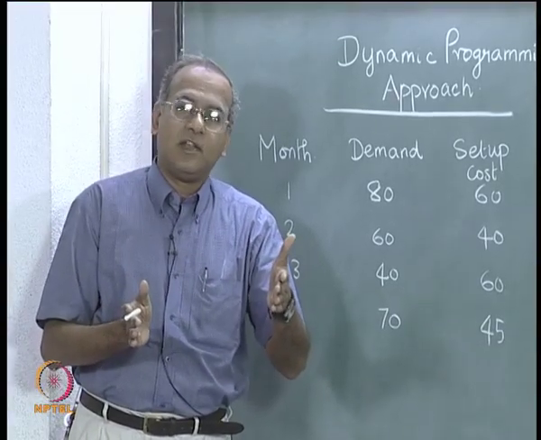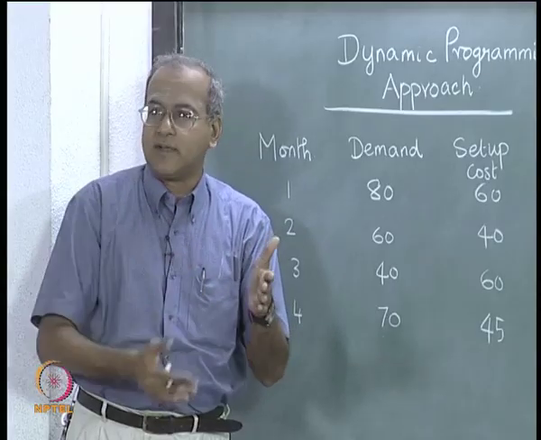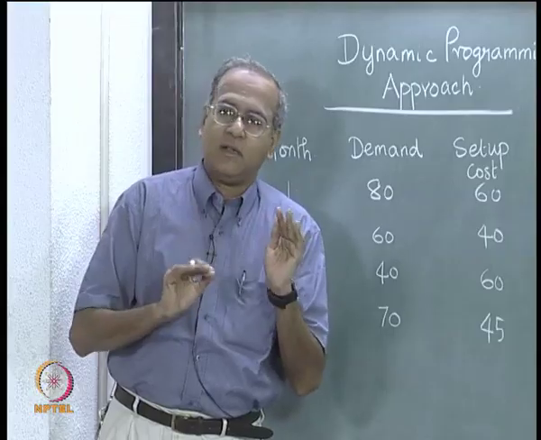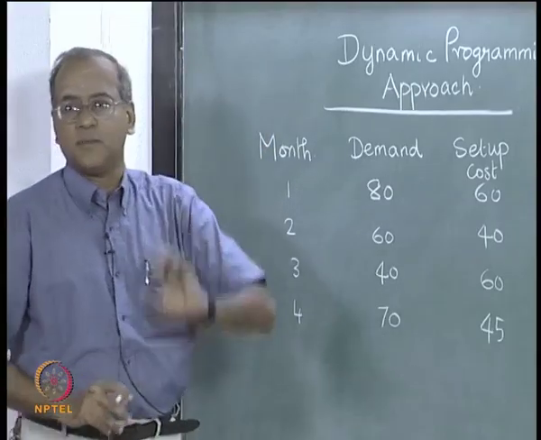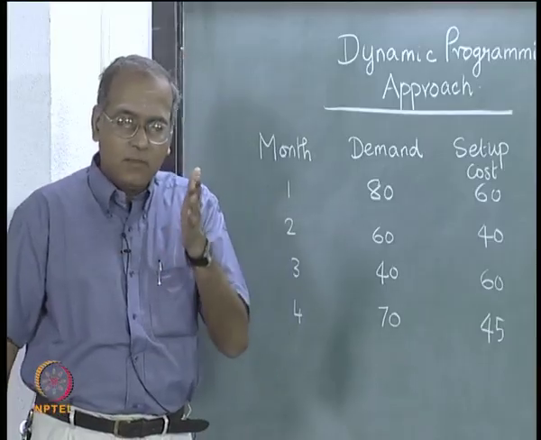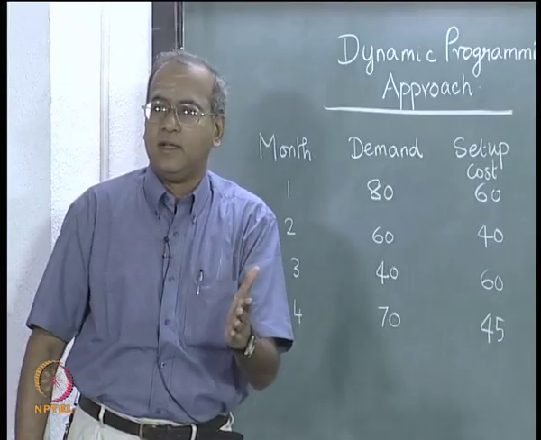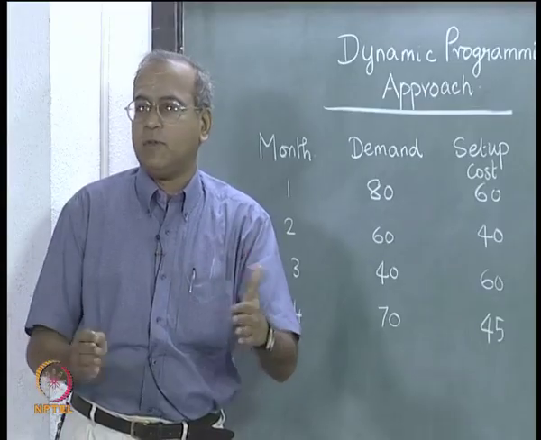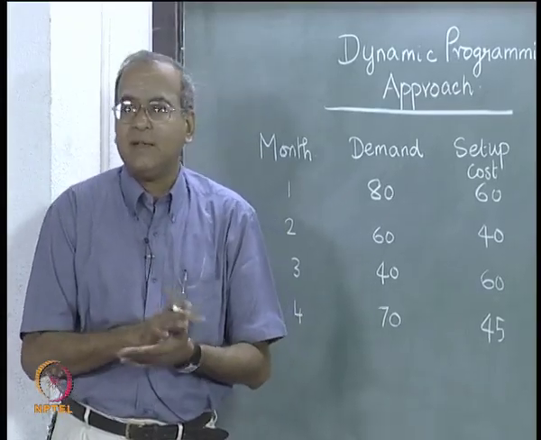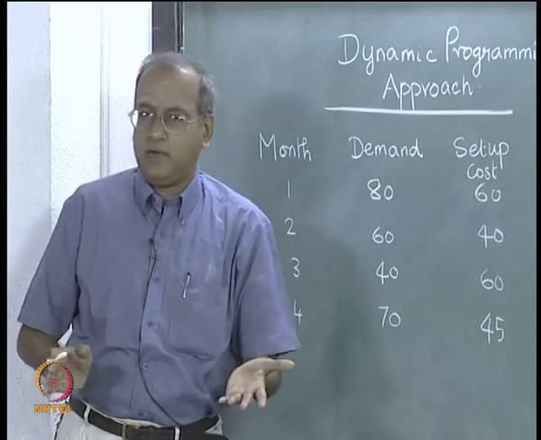Otherwise we will have to incur one more setup and one more setup cost. Therefore it is uneconomical to consider 2 setups in a particular period. So if there is only going to be one setup in a particular period, then what we produce should be able to meet the demand of the entire period.